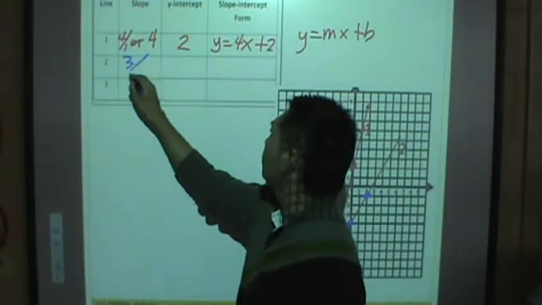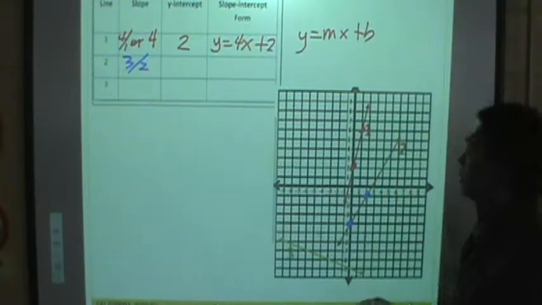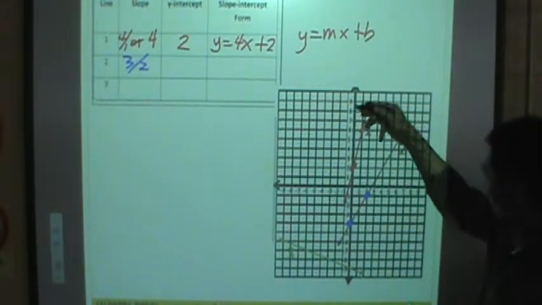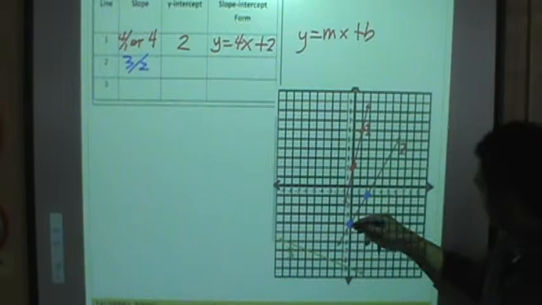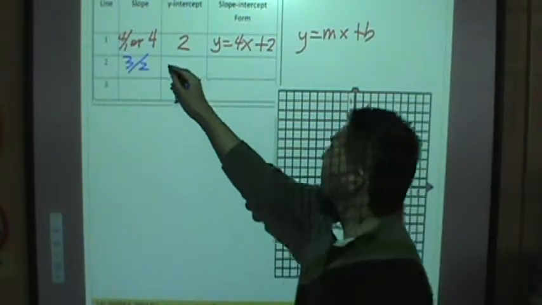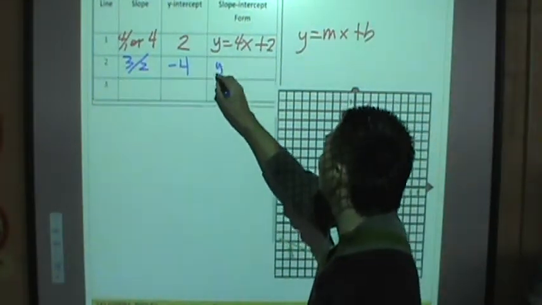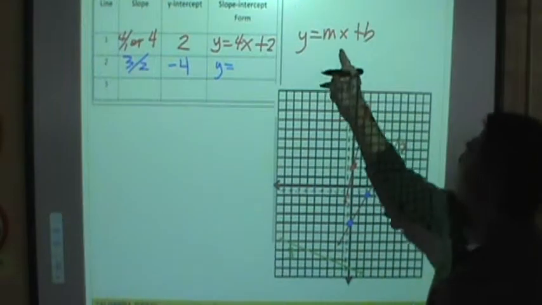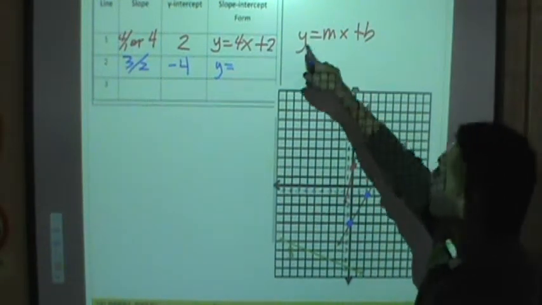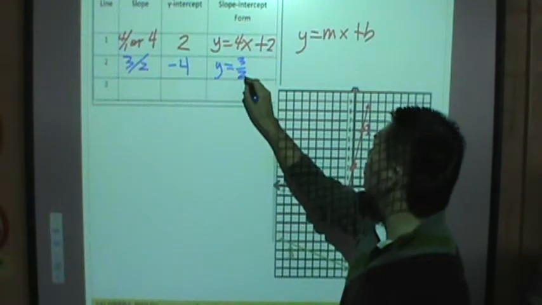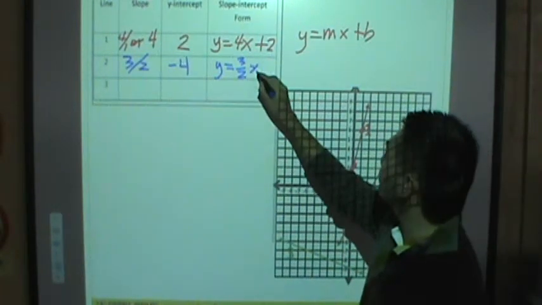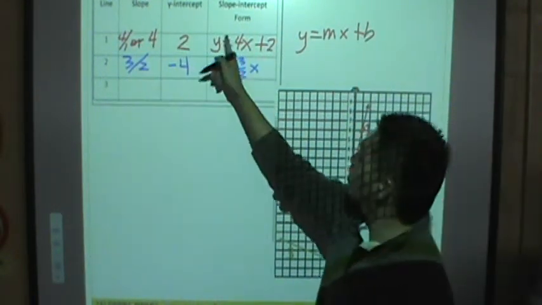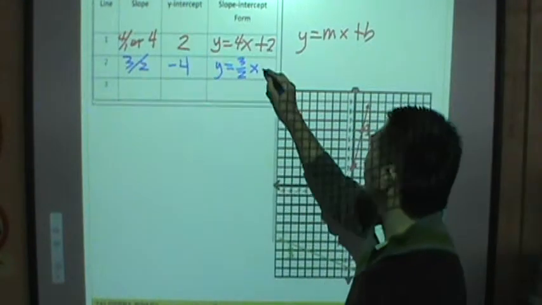Slope is 3/2. And then the y-intercept should be along the y-axis. Boom, it's -4. That means, using the equation y equals mx plus b, where m is the slope, 3/2, and we have the x, and then the y-intercept is -4. Done.